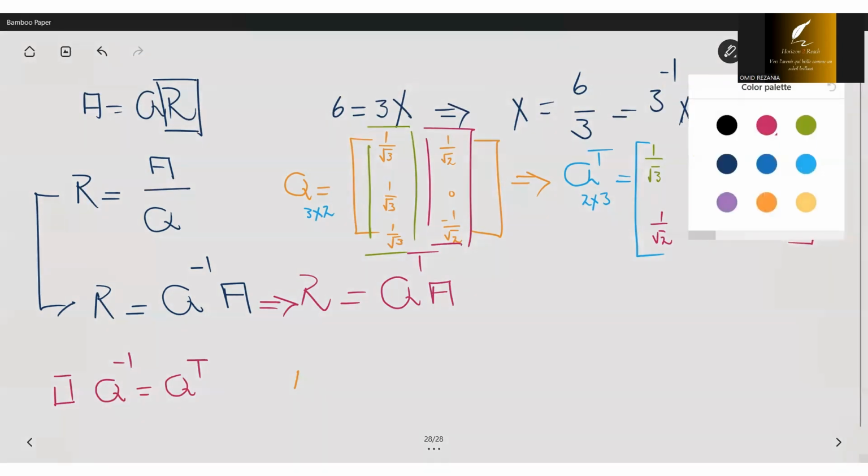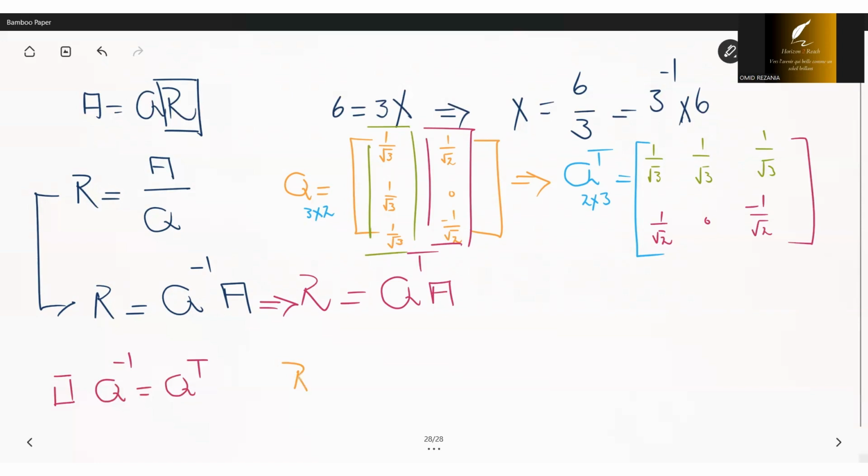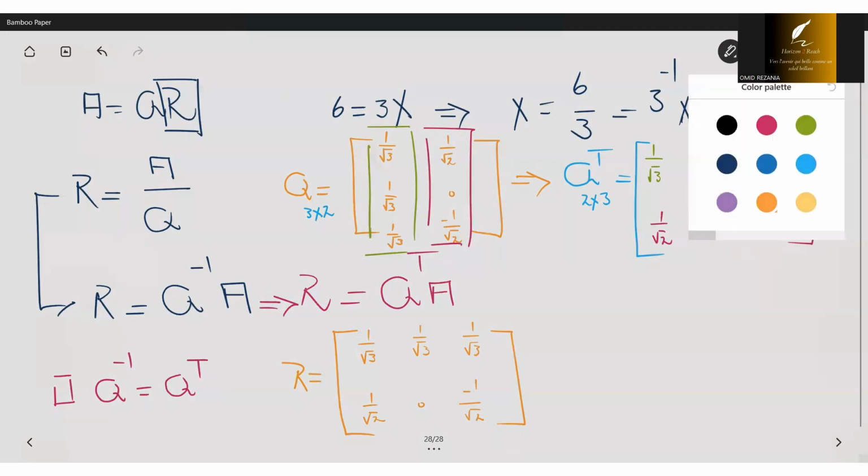Now, what I'm going to do is find R by multiplying Q transpose, which is this matrix which I got, into matrix A. What was matrix A?